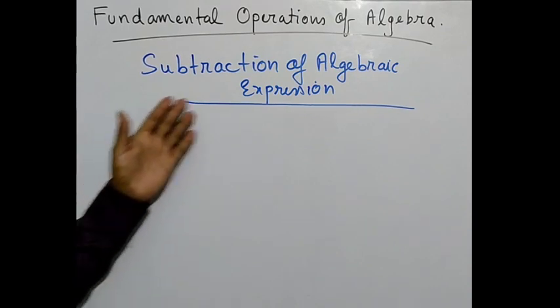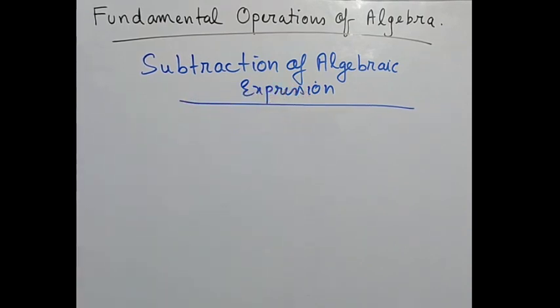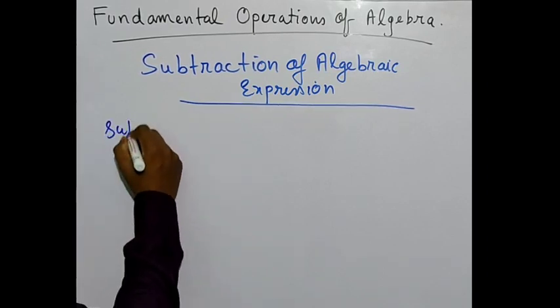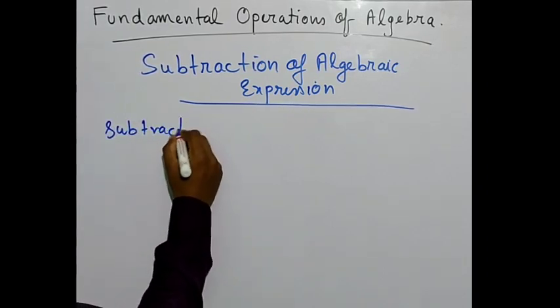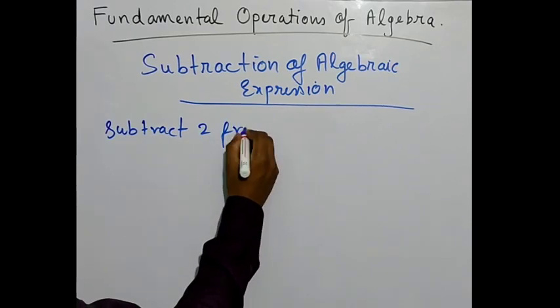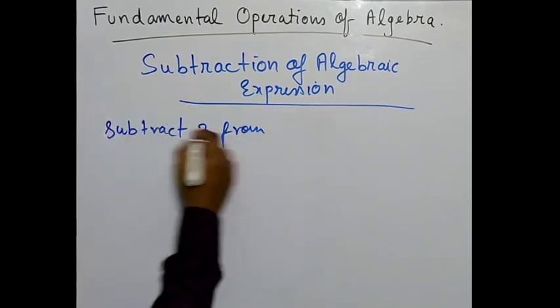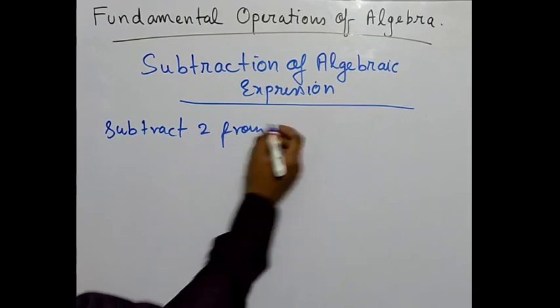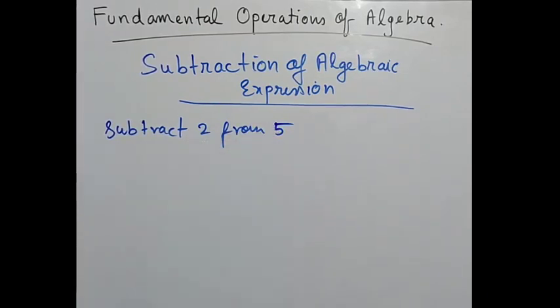Now let's start with subtraction of algebraic expression. Before starting the subtraction process, let's recall what we have learnt in the subtraction of integers. If I tell you to subtract 2 from 5, it is a positive 2 and positive 5.